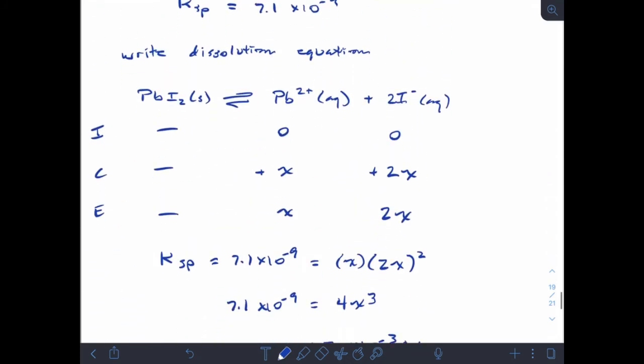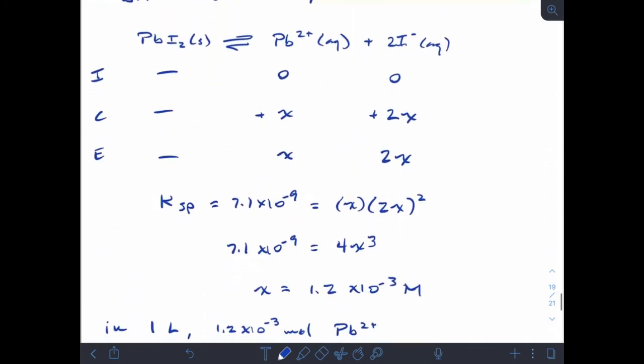All right, so looking at what we have here, I could look at this in terms of the iodine at equilibrium, but doing it with the lead makes it easier to go directly to the amount of lead iodide that will dissolve, okay, because it's a 1-to-1 ratio. But ultimately, the question of molar solubility is how much will dissolve in a given quantity of water, okay?